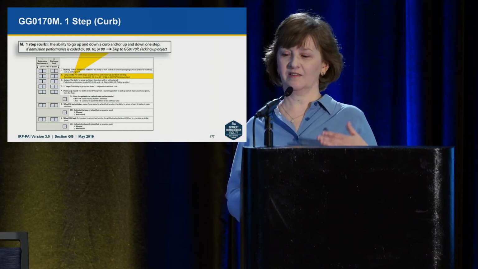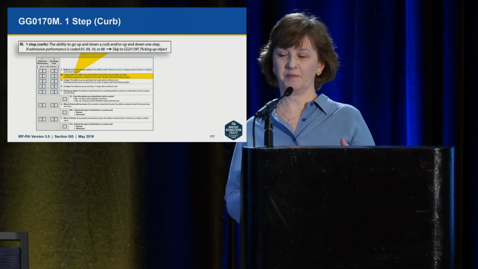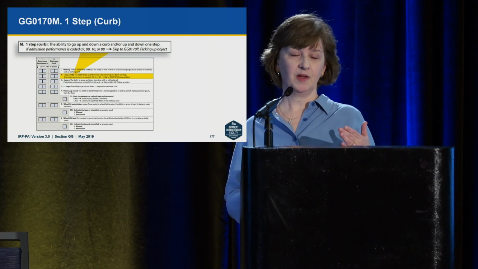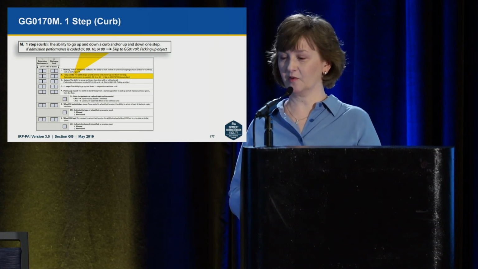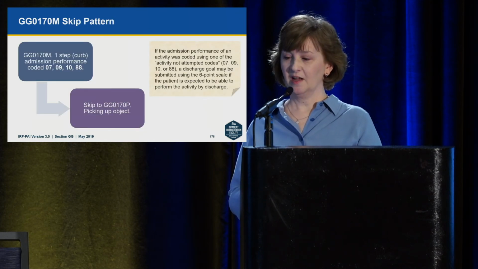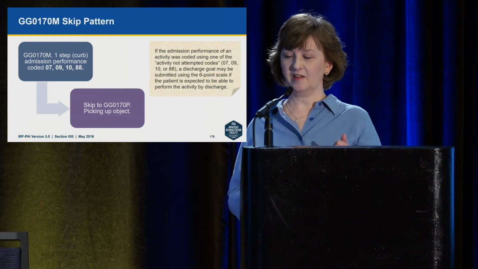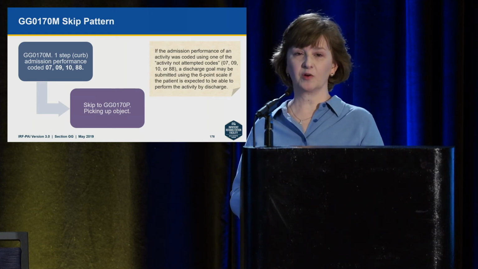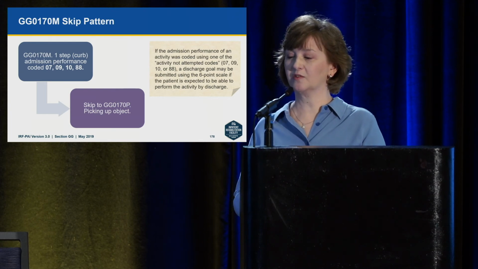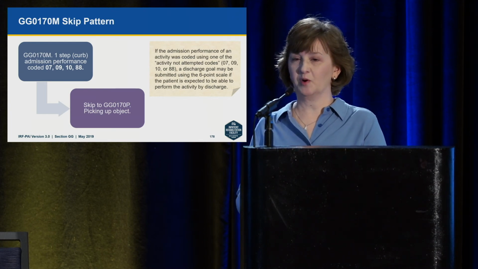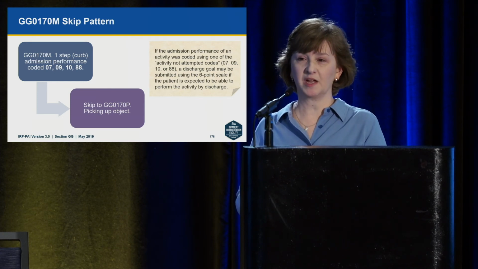Our thinking is that if the patient's not able to go up 1 step, they wouldn't be able to go up 4 steps or 12 steps. So there is a skip pattern again here. If the one step or curb is coded 07, 09, 10, or 88, any of the activity not attempted codes, then you would skip over the remaining steps items to go to pick up object.